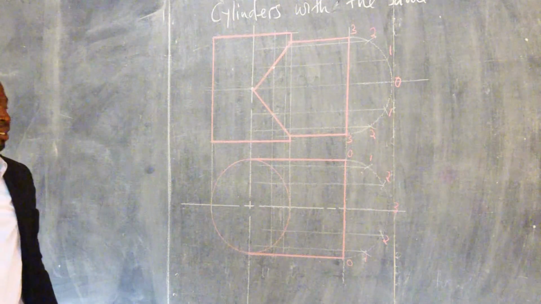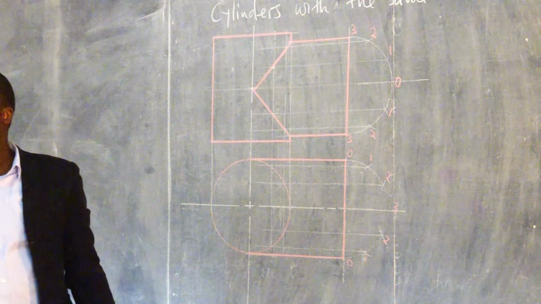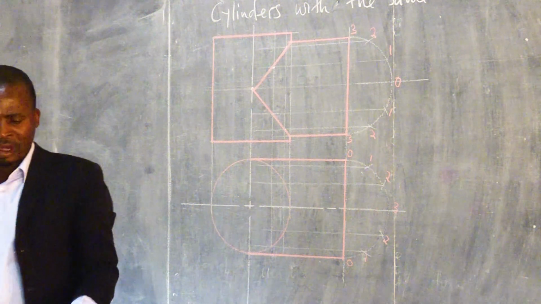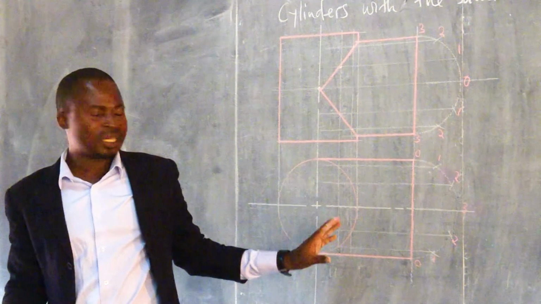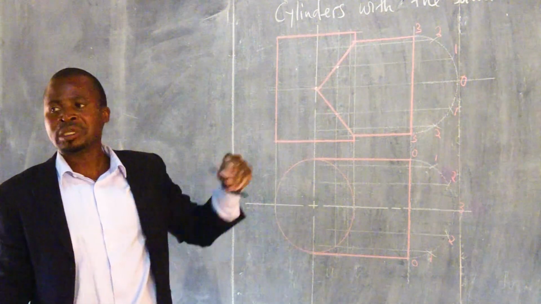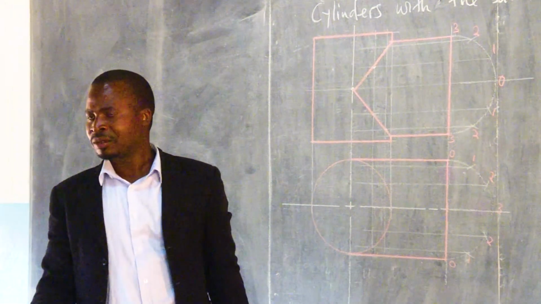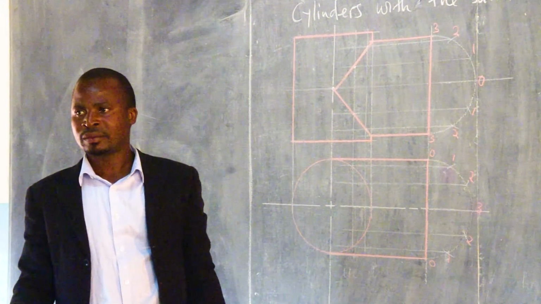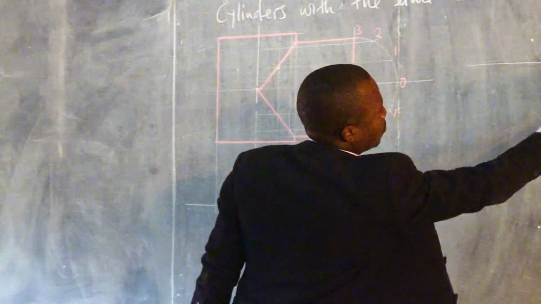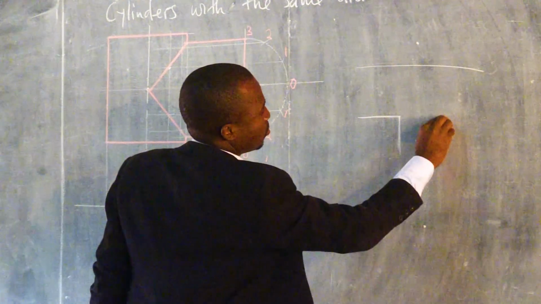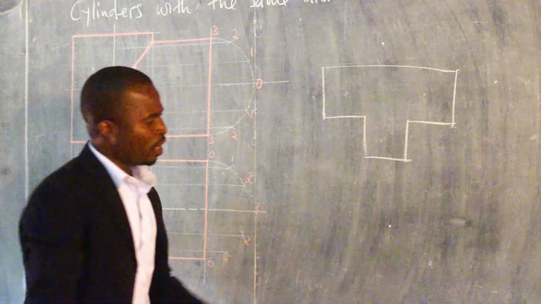Okay, then we have constructed the interpenetration of these cylinders. Mostly, when asking questions, they will draw these cylinders, but they will not show the point of intersection, where they intersect. How many have seen a T-junction, the one which is used in plumbing? It's a pipe. It's like this, where you join a pipe here.